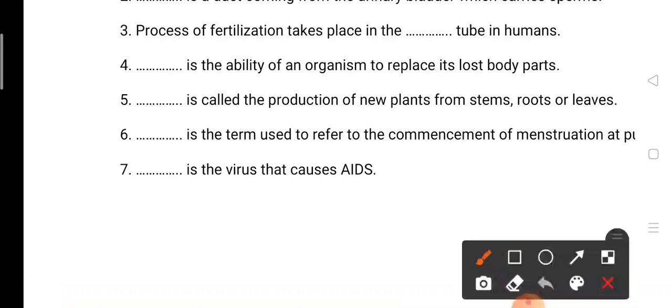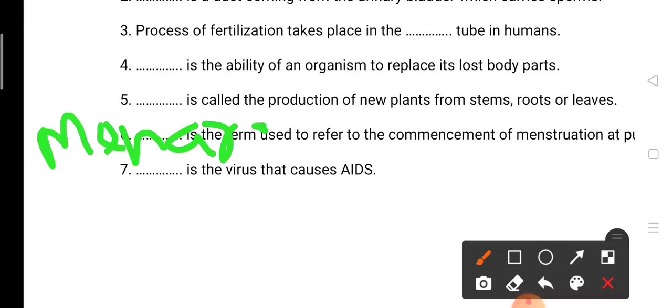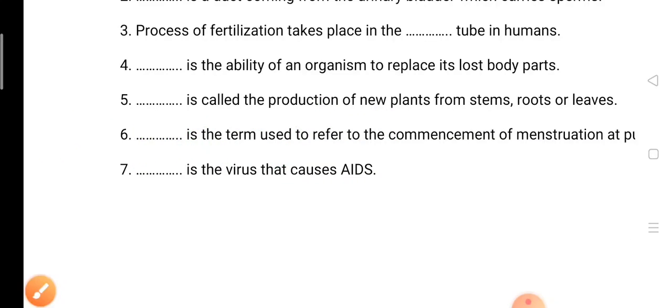So the term used for commencement of menstruation at puberty is known as menarche. Now the next is the virus that causes AIDS.